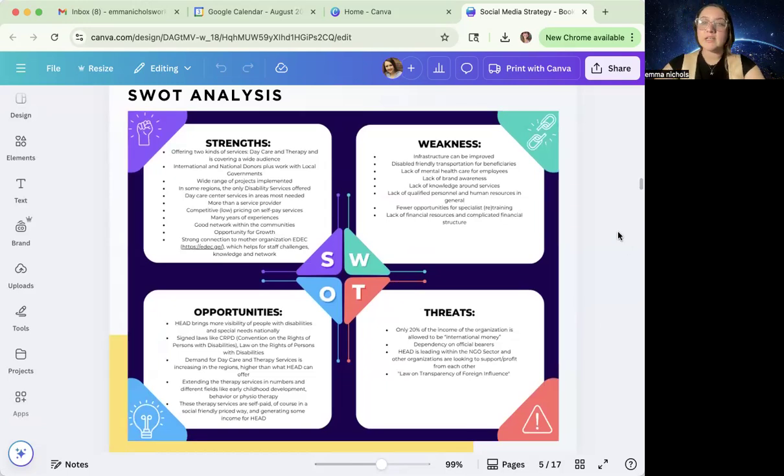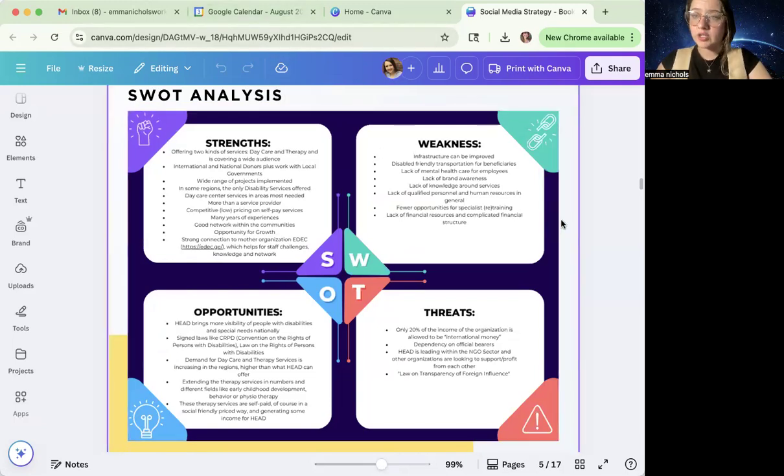So we went ahead and did a SWOT analysis as well. I'll go over this quickly, but I want to mention that in the opportunity section, the strength section, and our weakness and threat section is where I really got into the nitty gritty of what the pillars should be.